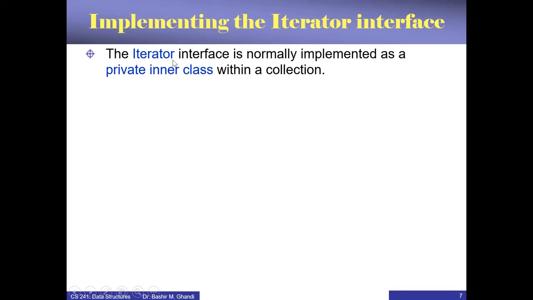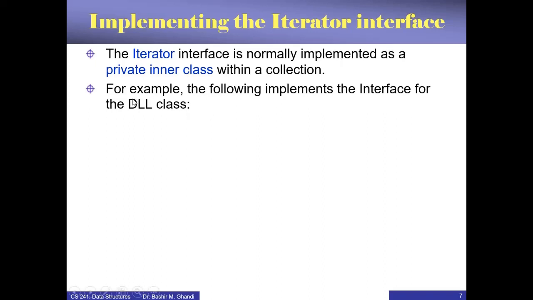Just like we have the DLL node class as an inner class inside the DLL class, the same way we're going to have another class inside the DLL class. So it's an inner class, but that class will implement the iterator interface.